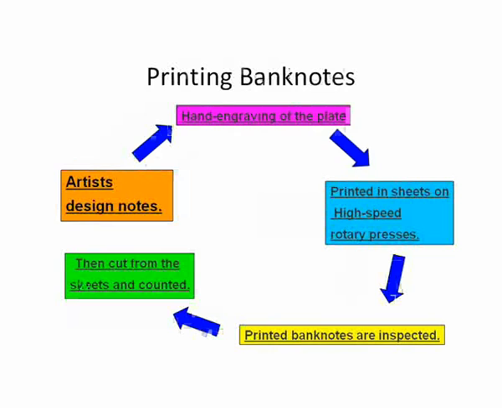Banknotes are printed at a printer in large sheets that are later cut into notes. The first step is to make a design done by an artist. The design has lots of detail to make it hard to copy. The design is made into printing plates and is put into printing machines.